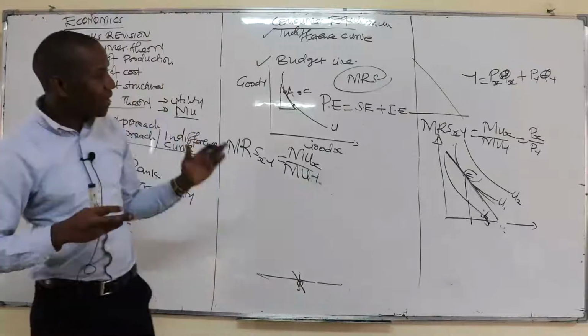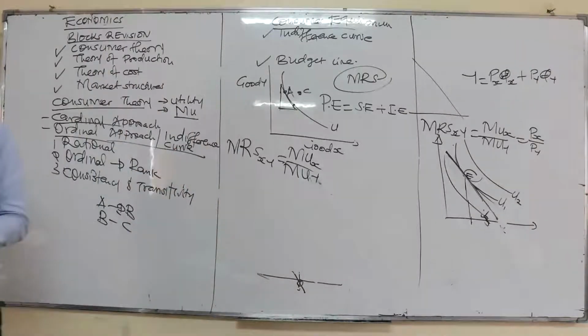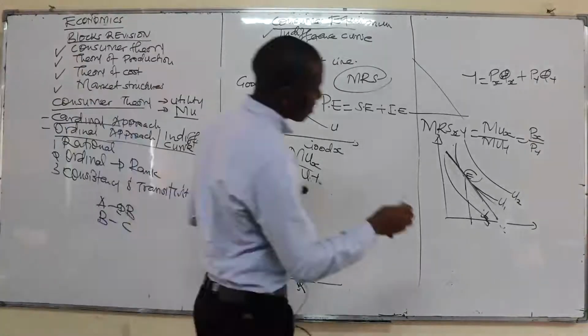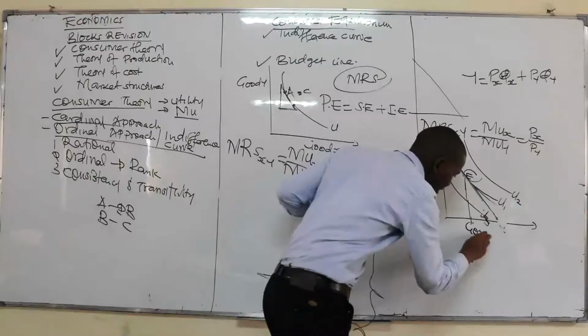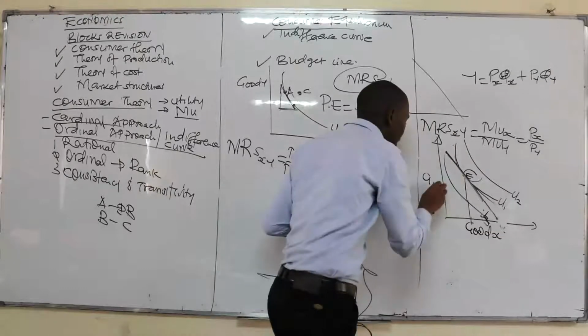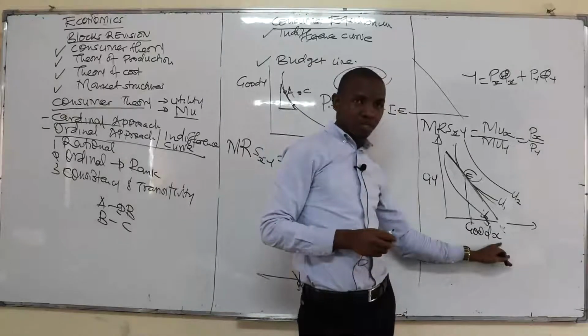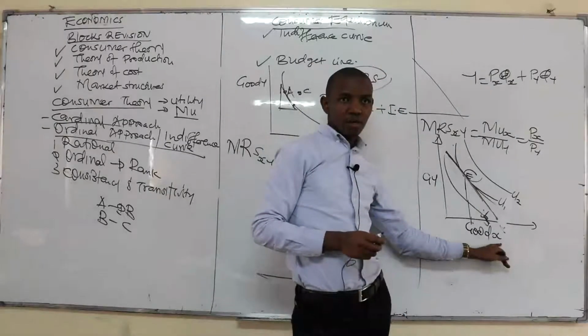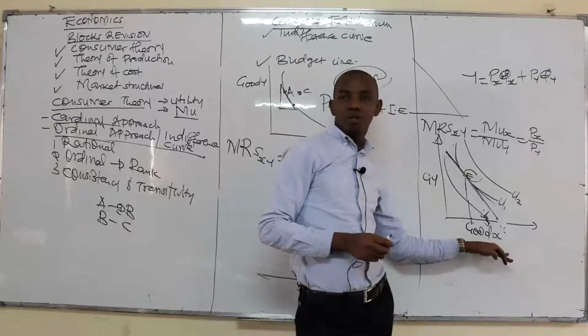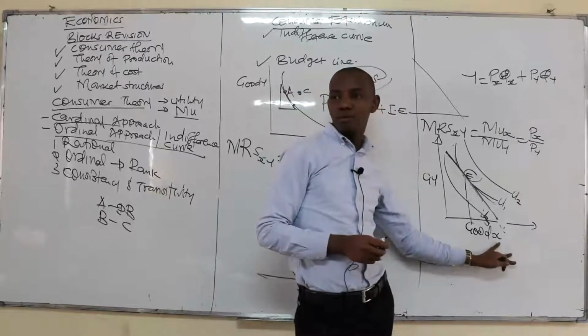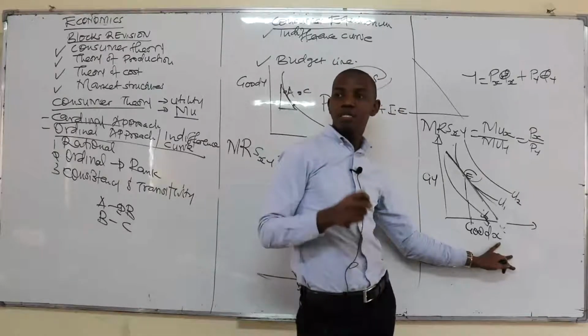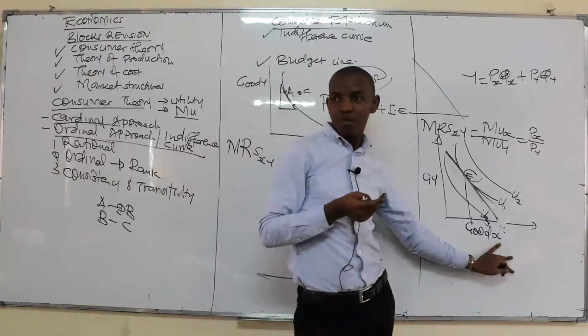So in that case, when we talk about the substitution effect, it means that if your income, say here there is good X and there is good Y, more of good X can either be bought or less of good X can be bought. This depends on your level of income.